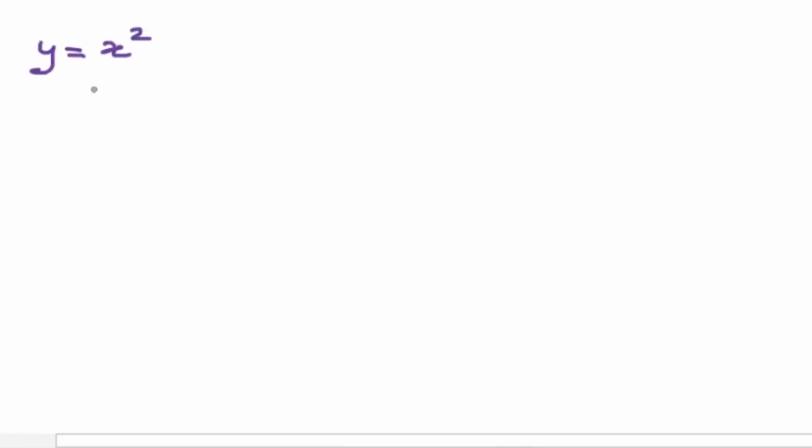Remember, we have plotted two graphs. The first one was y equals x squared, and the second function was y equals 2x squared. And we have plotted the two functions.